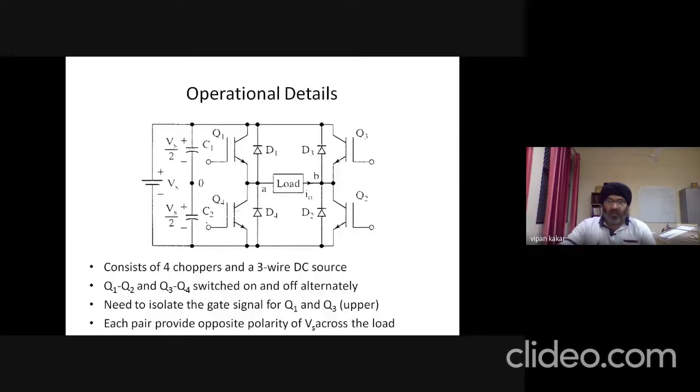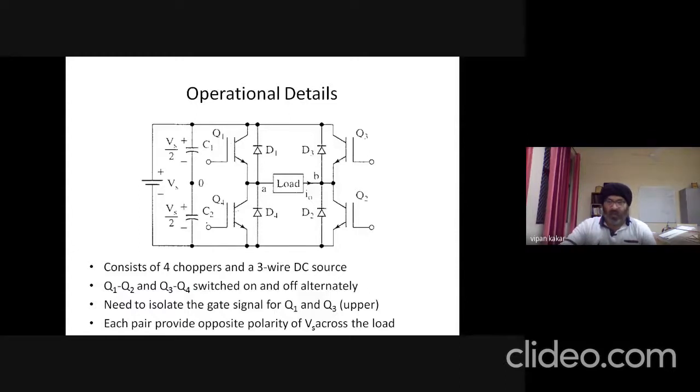Again, we have a 3-wire DC source: one terminal, the second, and the middle terminal. Instead of two switches, we have 4 switches and four freewheeling diodes and 2 split capacitors, as in the half wave inverter case.